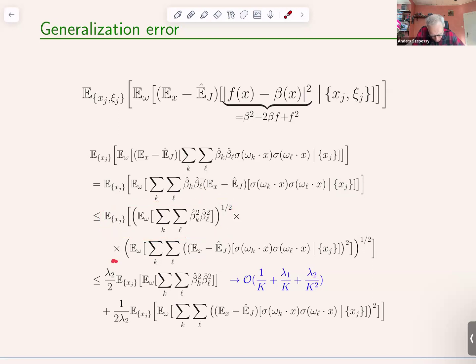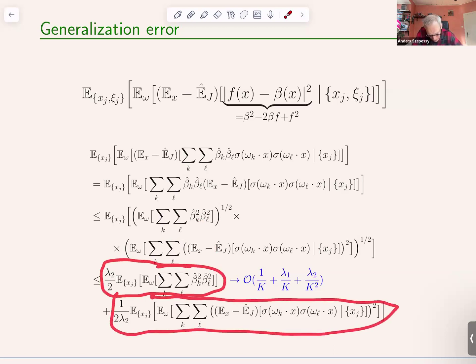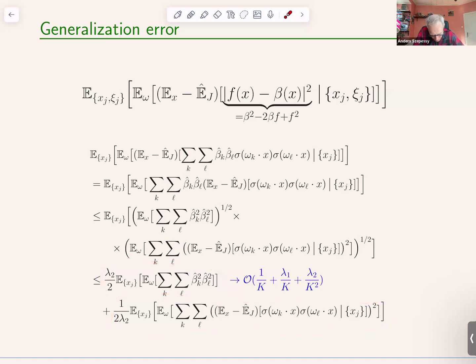So the first term, this times that, we simplify to this sum plus that sum by the arithmetic geometric mean inequality. So we have two terms.